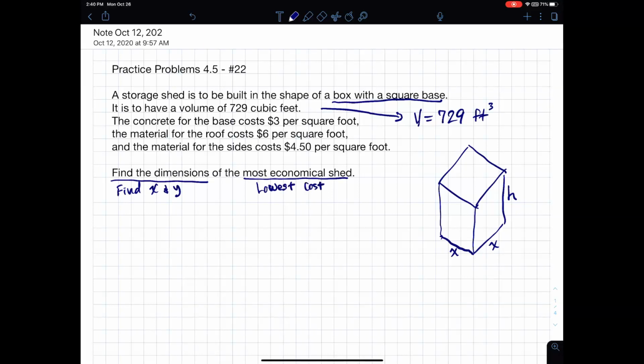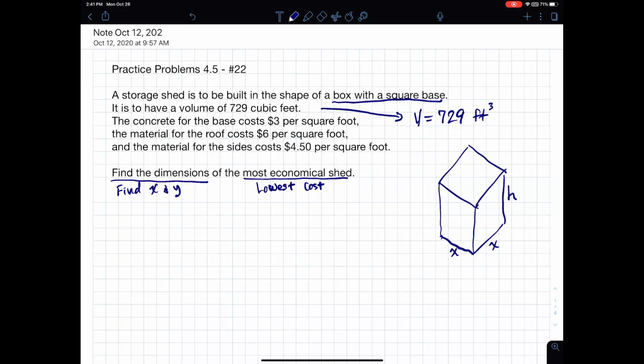That'll be in some number of dollars, I think, because everything's given in dollars per unit of area. All right, so that's what we're tasked to do. We need to find X and H so that when we look at the actual dimensions and add up the cost to make it, we get the lowest cost possible.